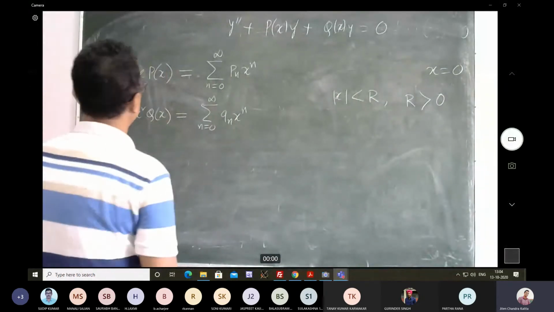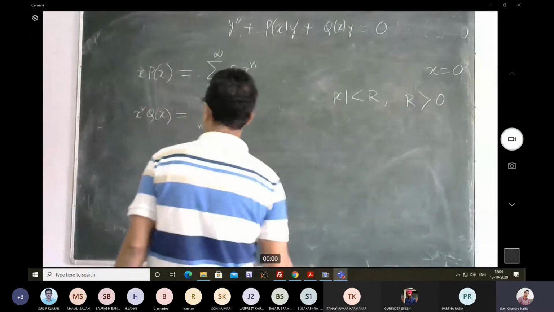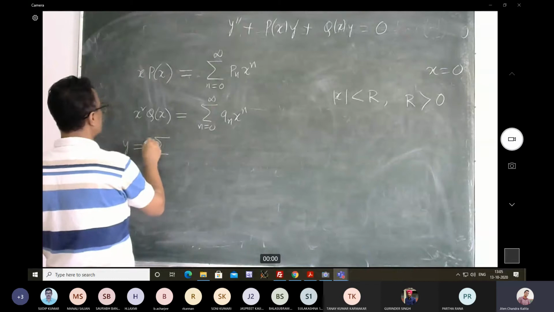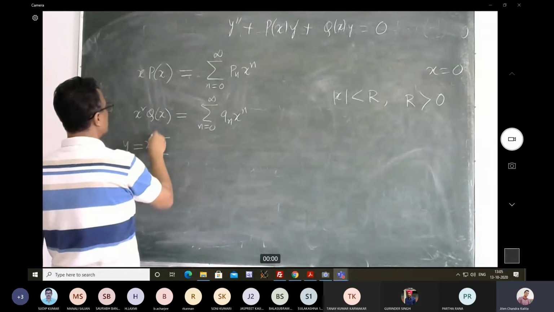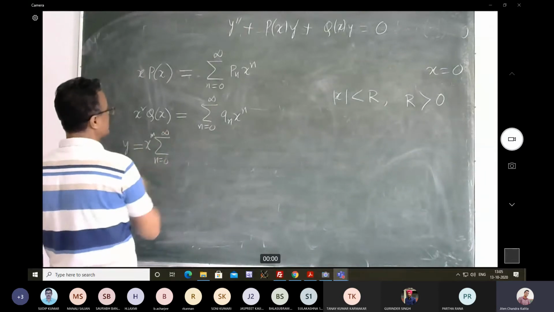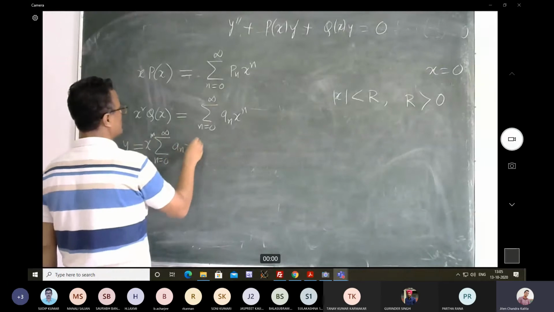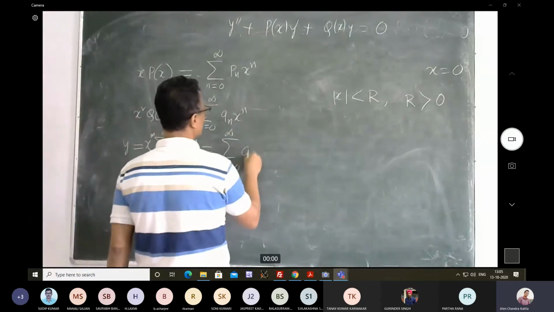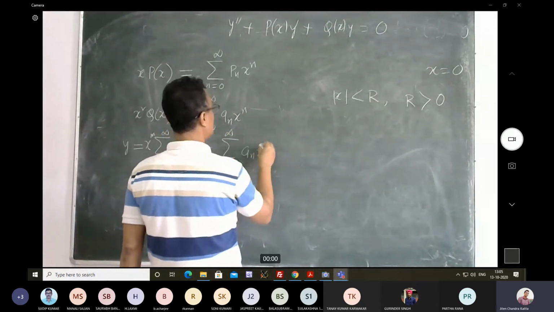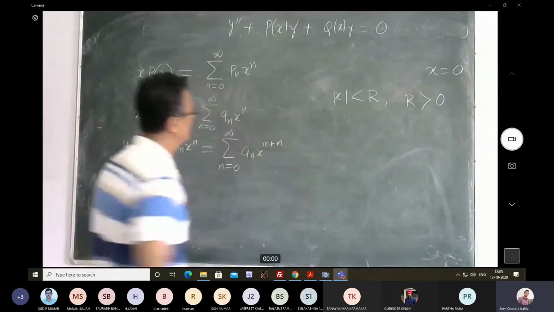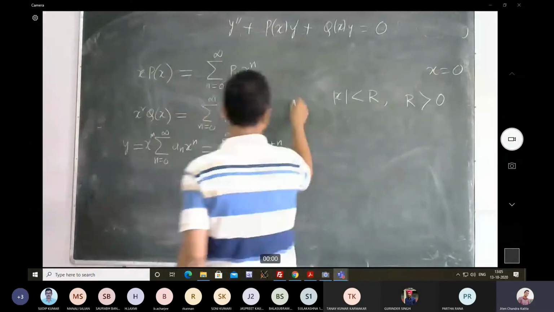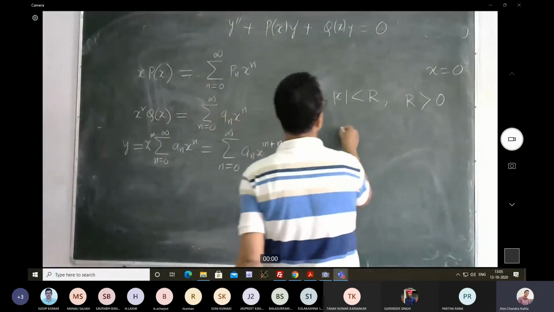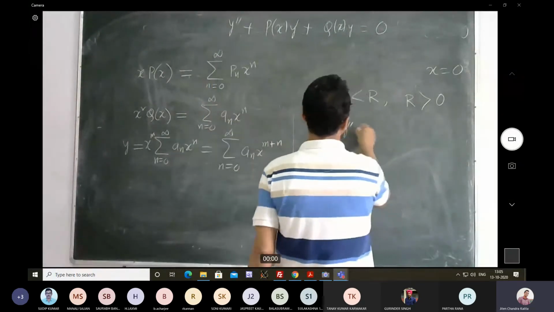Then I am assuming that the Frobenius series solution is y equal to x to the power m, the sum from n equal to 0 to infinity of a_n x to the power n, or maybe I can write it as, now that you are familiar with this, simply as the sum of a_n x to the power m plus n.